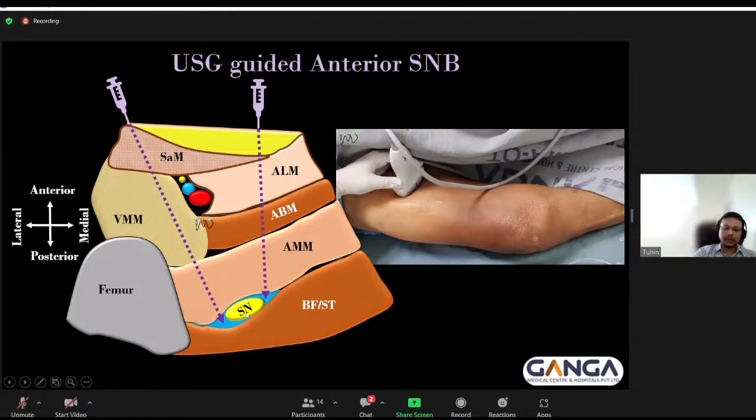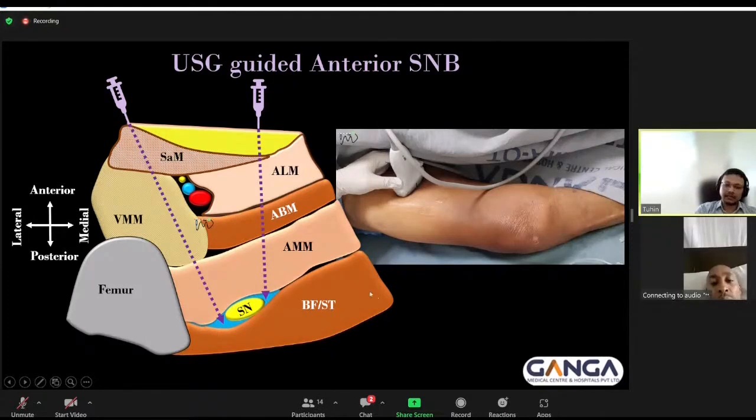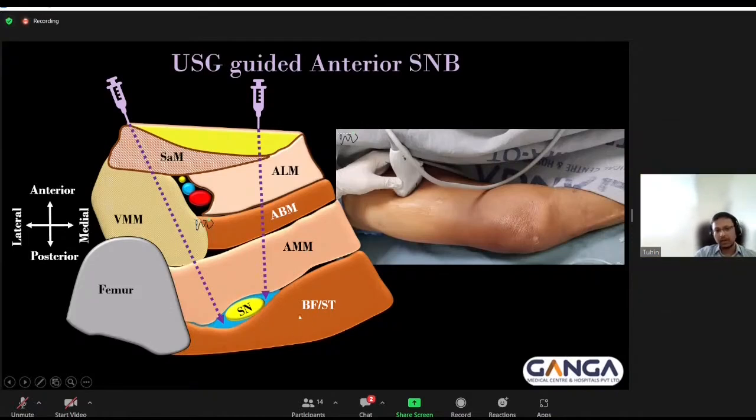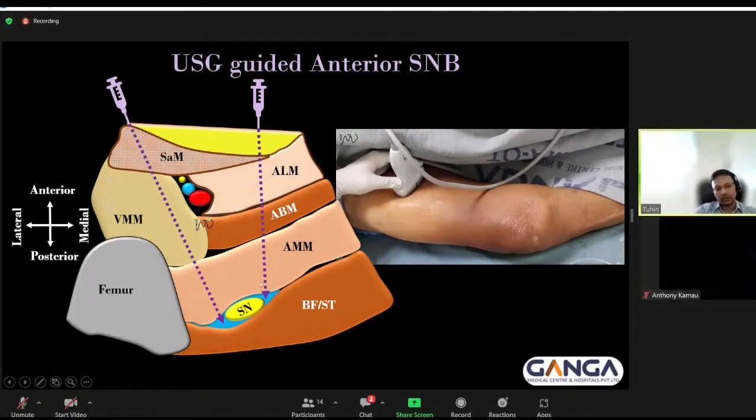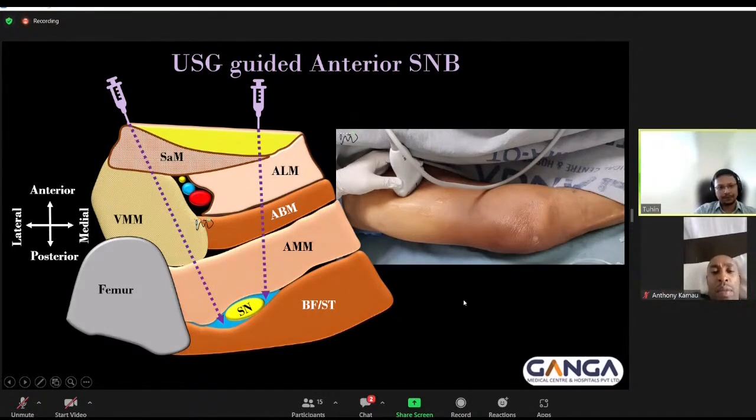Here it is a deeper block and a 10 to 15 centimeter needle is required. It is suggested to use neurostimulation to stimulate the sciatic nerve here, because the sciatic nerve is highly anisotropic and it is sometimes confused with the biceps femoris and semitendinosus tendon. So it is better to use neurostimulation along with the ultrasound while doing this block.